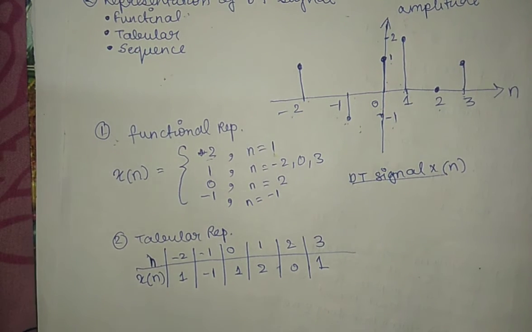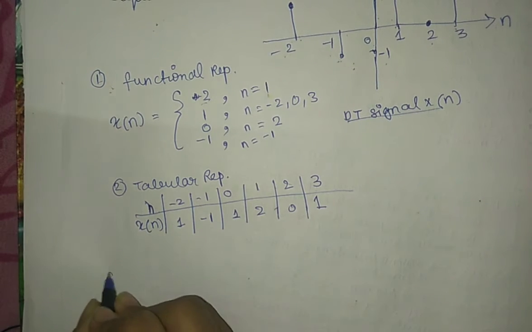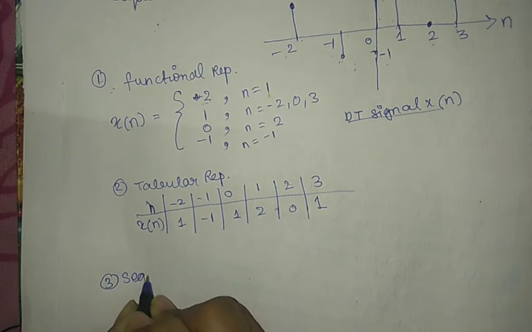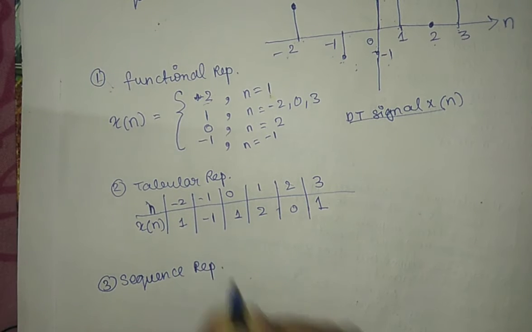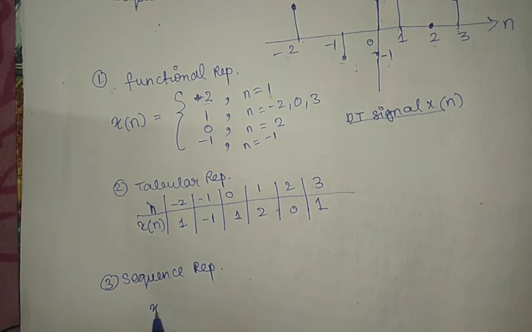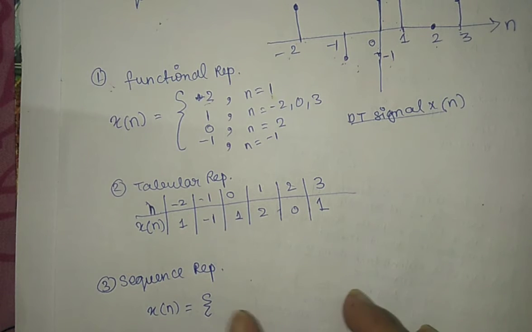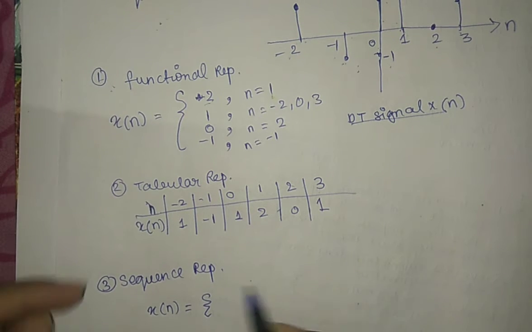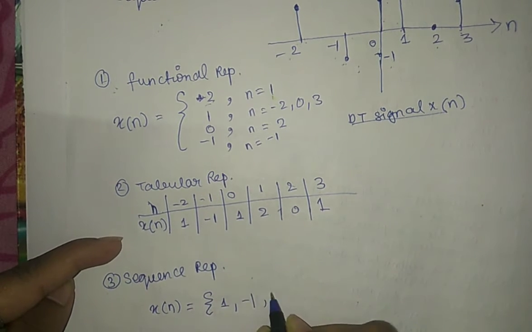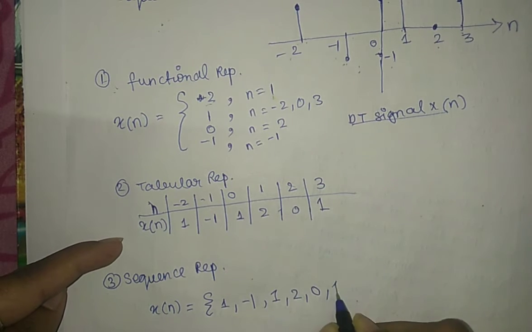And last, the third is sequence representation. Here generally we write x of n equals, in parentheses, all the amplitudes, not the sample points but their amplitudes. So the values of x of n are 1, -1, 1, 2, 0, and 1.